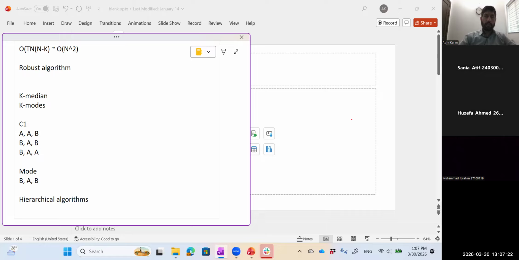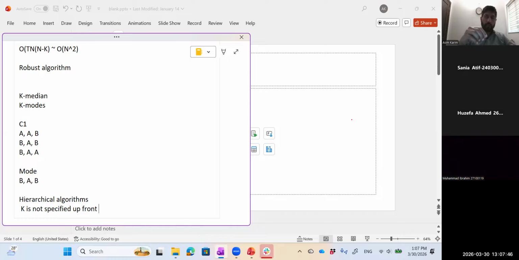In a partitional algorithm, you had a global objective function that directly found k clusters. In this case, we do not specify k. So k is not specified upfront. Instead, we run the algorithm through multiple steps which are hierarchical.